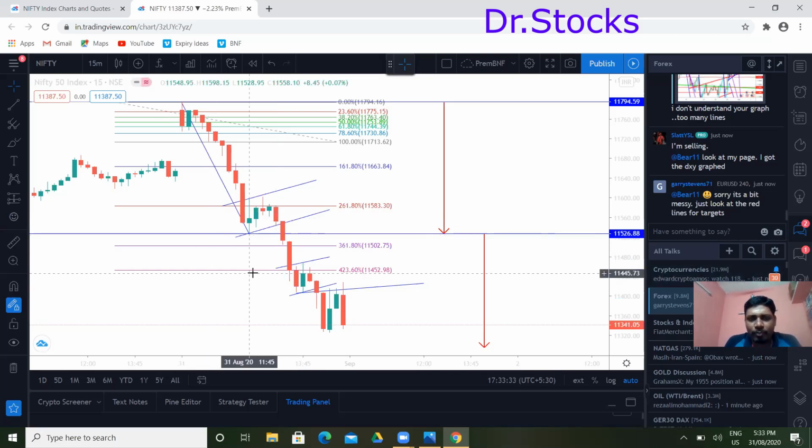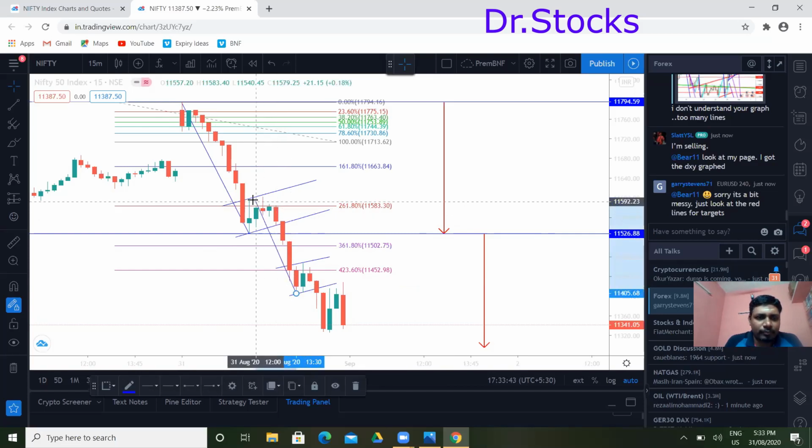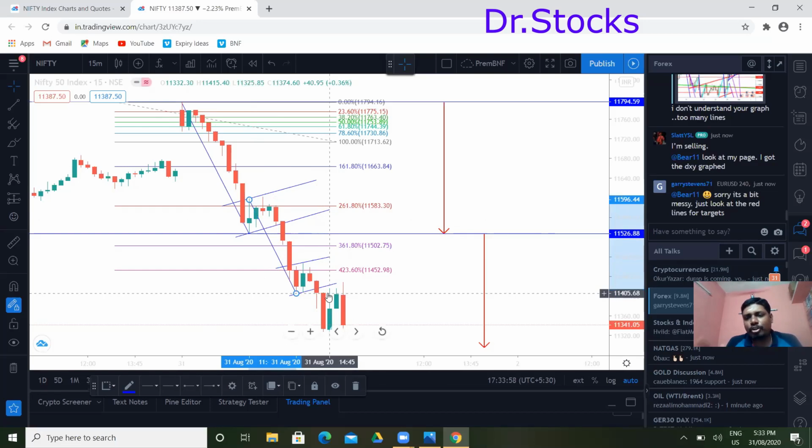And again, I'm saying one more important thing. We had multiple inverted flagpole patterns formed in Nifty. So we can see here again one more thing formed here. See here, it is again an inverted flagpole pattern, and again we are expecting a downtrend. So we need to wait for tomorrow's market to open.